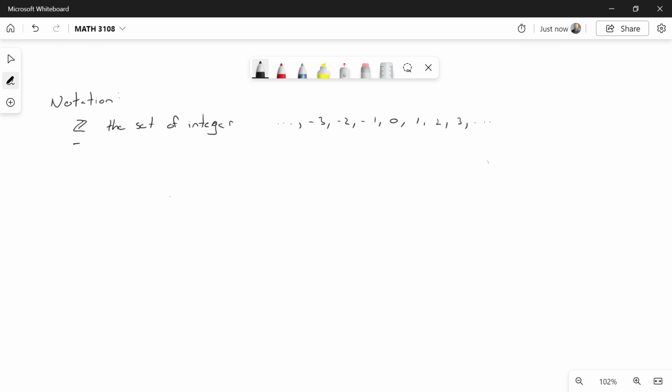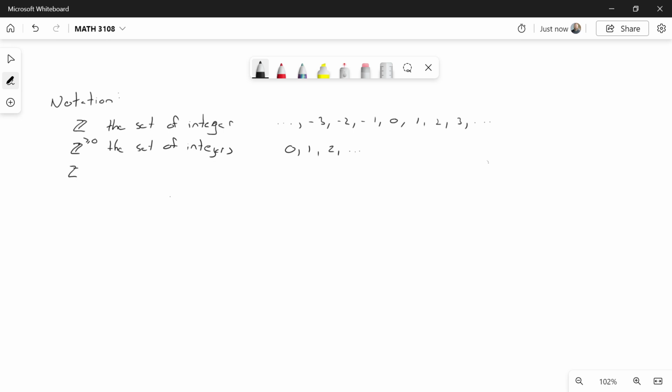Now, variations of this, we can have Z, and in the superscript, a greater than or equal to 0, which would indicate all of the integers from 0 all the way up to positive infinity. So the set of integers, again, starting at 0, building from there, and all the way up to positive infinity.